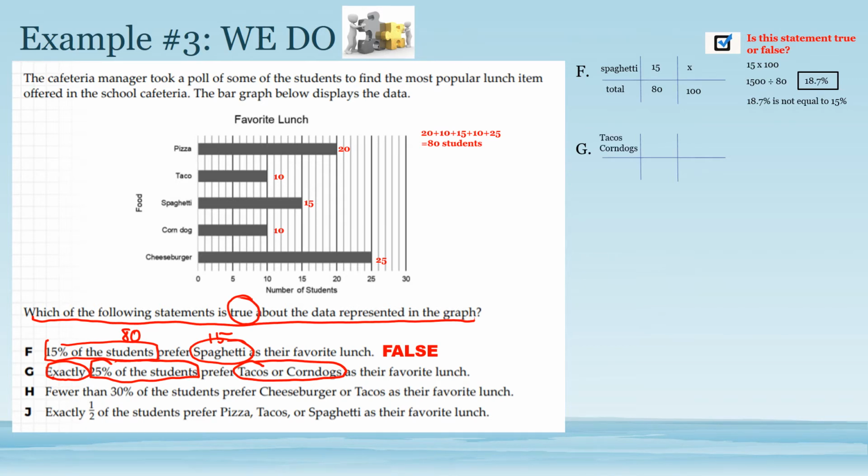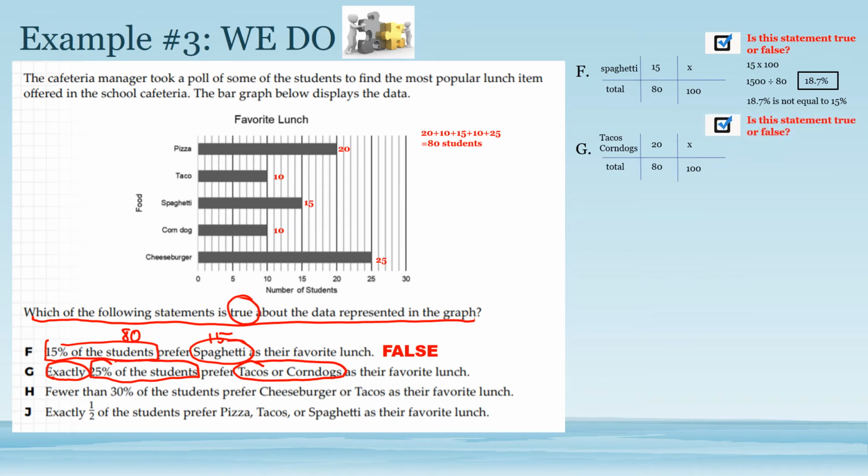How many students like tacos or corn dogs out of the total? So I want you to tell me, how many students like tacos or corn dogs? If you answered 20, you are correct. Out of the total, which is 80. Remember, percent is a number out of 100.